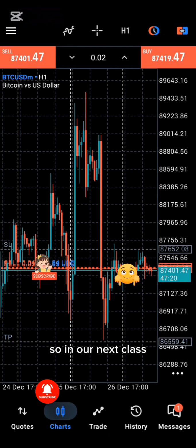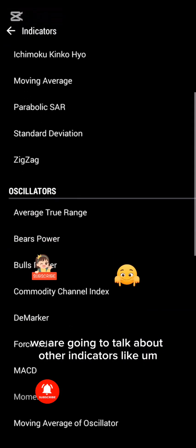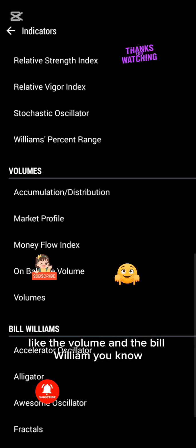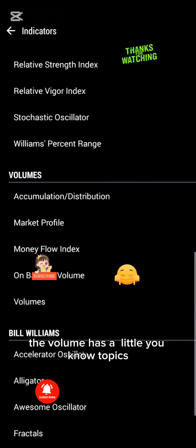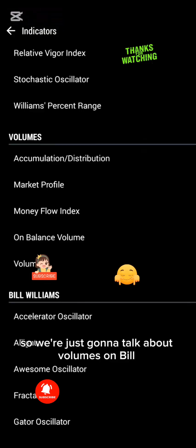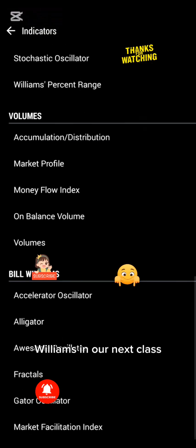In our next class, we are going to talk about other indicators like the volume and Bill Williams. The volume has a few topics, so we're just going to talk about volume and Bill Williams in our next class.